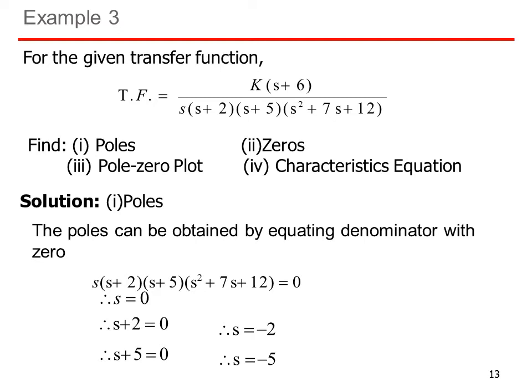The poles can be obtained by equating the denominator with 0, so s (s plus 2)(s plus 5)(s square plus 7s plus 12) is equal to 0. This gives us s is equal to 0. Then s plus 2 is equal to 0 gives s is equal to -2. s plus 5 is equal to 0 gives s is equal to -5.